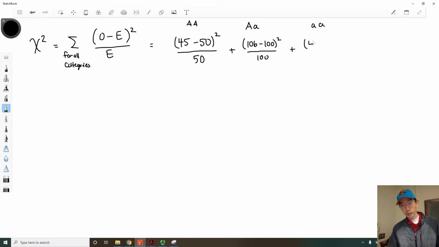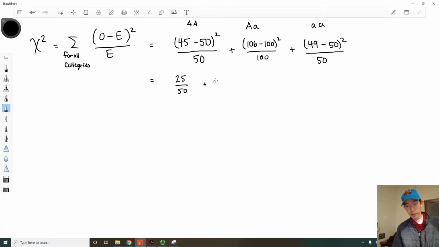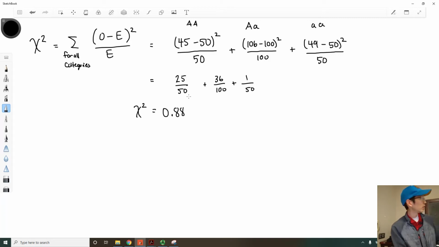I observed 49, I expected 50. I square that and I divide by 50. So this ends up being something like 25 over 50 plus 36 over 100 plus 1 over 50. Okay, so I get my chi-squared is 0.88.